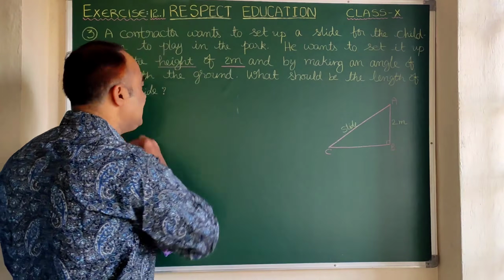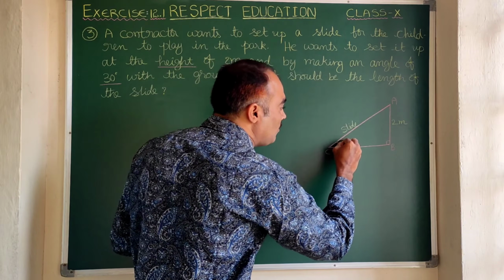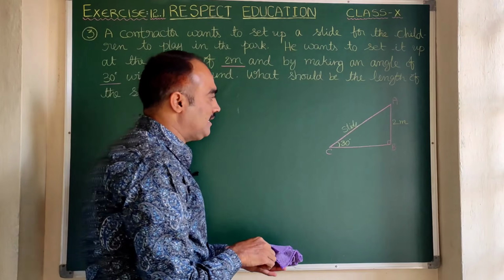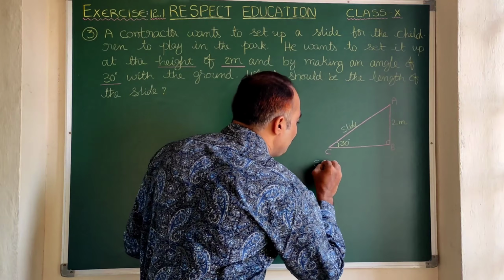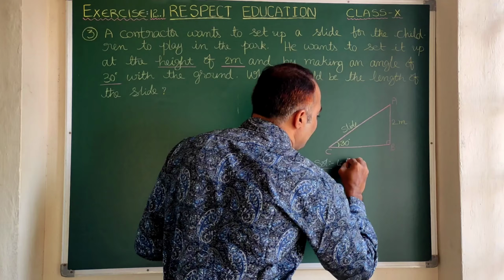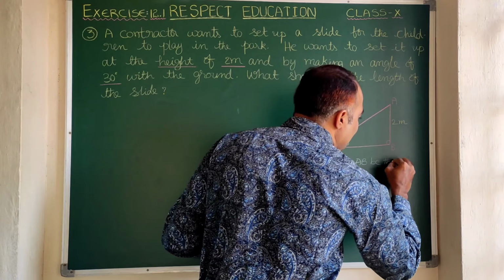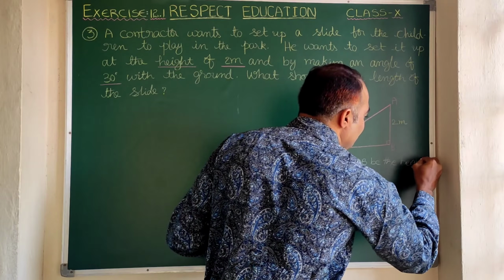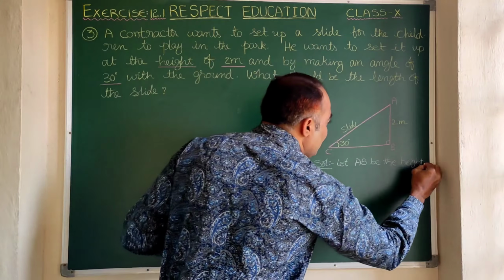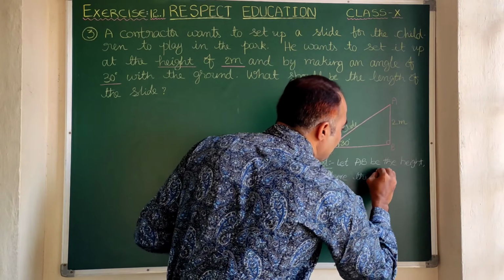And what about 30 degrees? Here the slide is making a 30 degrees angle with the ground. So here 30 degrees will come. Right? Now let us write what is given. Let AB be the height where the slide is set up.